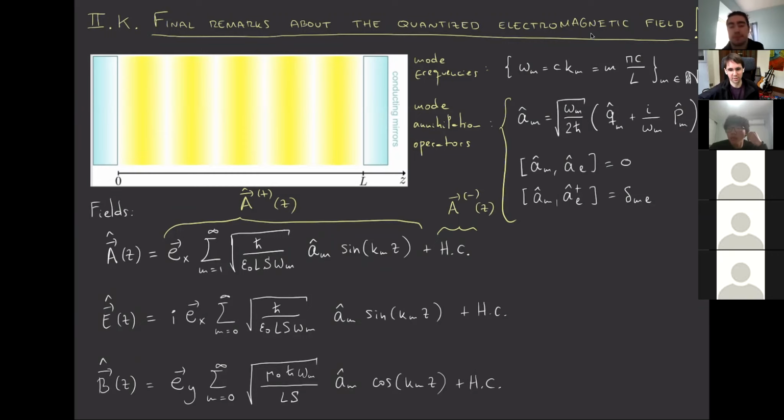I know it's a bit confusing because you are calling plus the annihilation, but this is because the plus is the one that corresponds in field theory to positive energy, okay? And the second part corresponds to negative energy. Maybe you have seen this, I don't know if you have studied the Dirac equation, but in the Dirac equation, it appears very naturally the concept of positive energies and negative energies, okay?